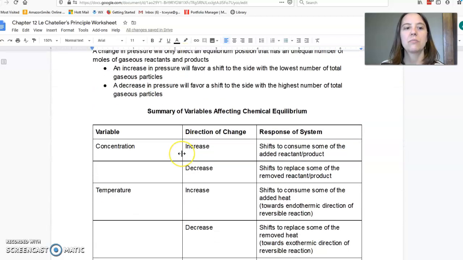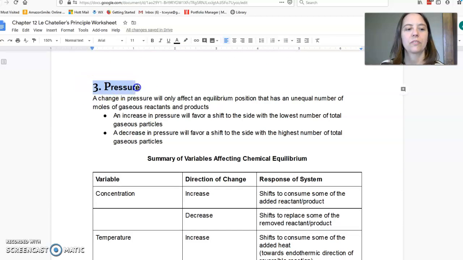Our third type is pressure. We can change the pressure and that will affect our equilibrium. A change in pressure will only affect an equilibrium position that has an unequal number of moles of gaseous reactants and products.